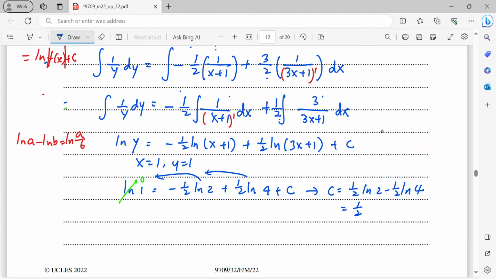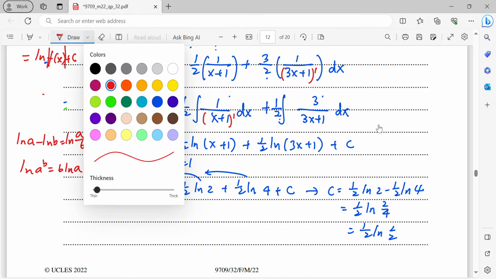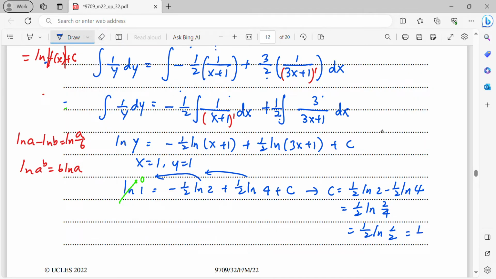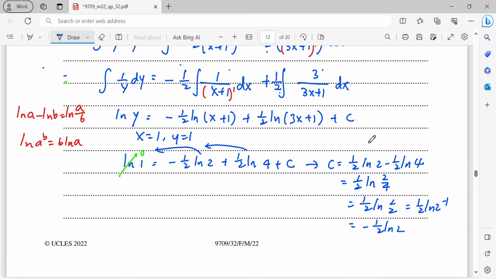So this is going to be half ln 2 over 4, which is half ln half. But then we have another formula. Ln a power b is b ln a. Alright? So you can say this is basically half ln 2 power negative 1. Then I will write this is negative half ln 2. So that is my c.